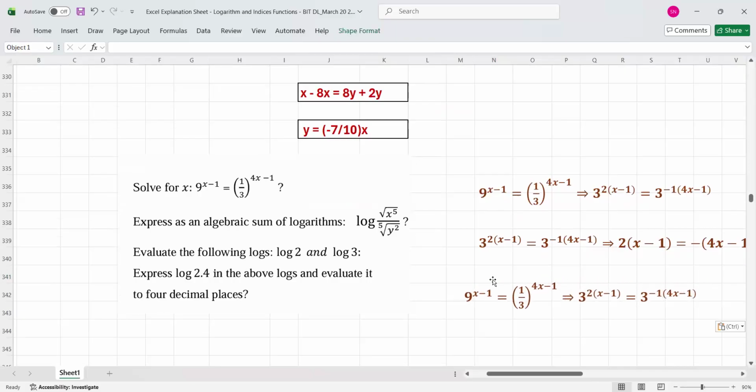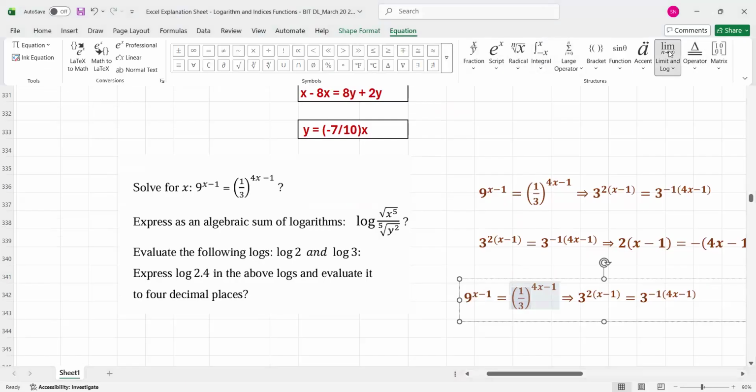It means I have to take my time to write. So here we have a square root of, pick the function.